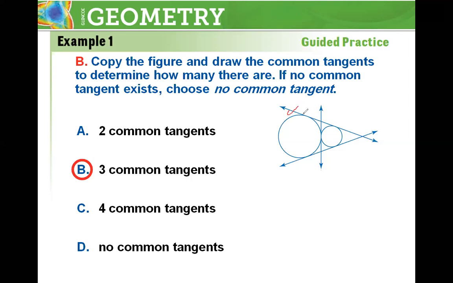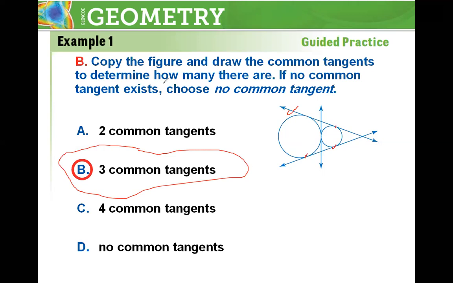It's a tangent for the big and for the small. This is a point of tangency, and this is another point of tangency. And this is a common tangent for the big circle and the small circle. So now we have two common tangents. And this is the third tangent, so we have three common tangents as the answer.